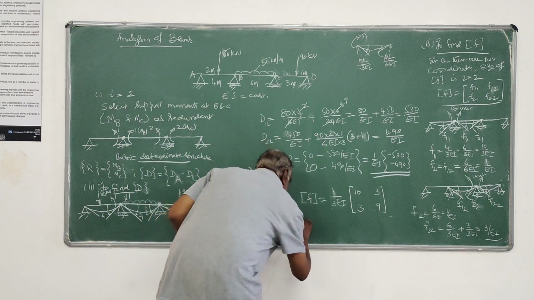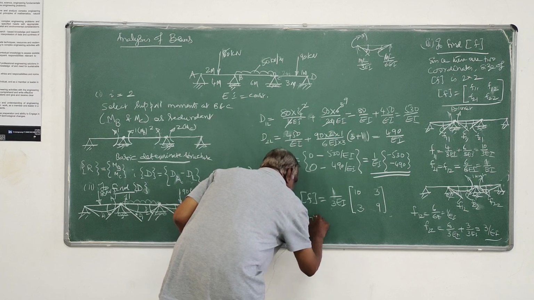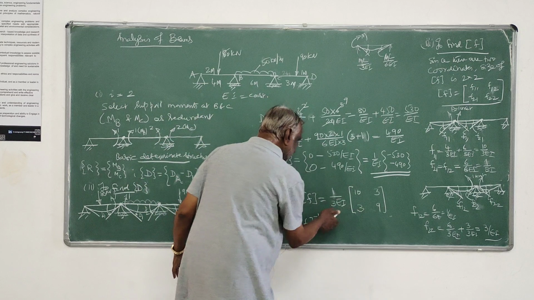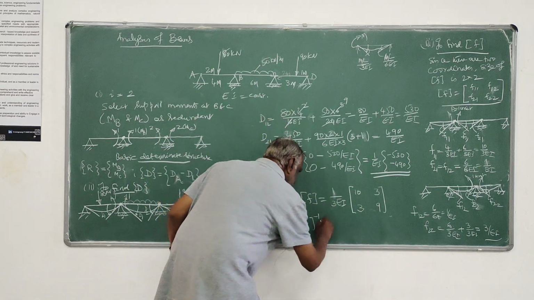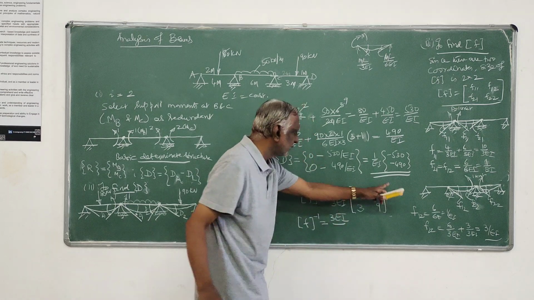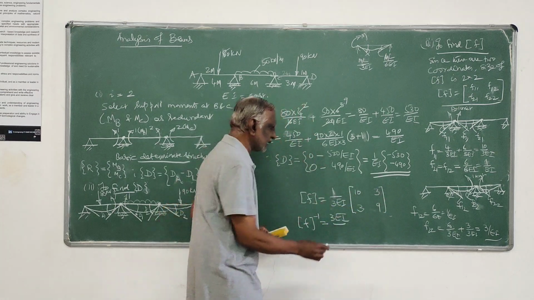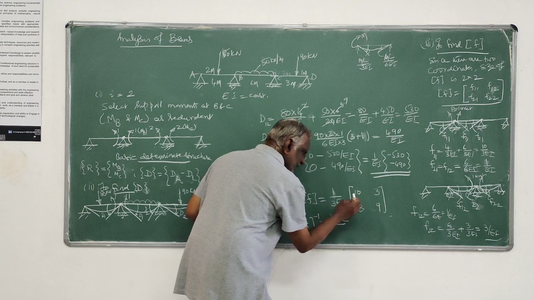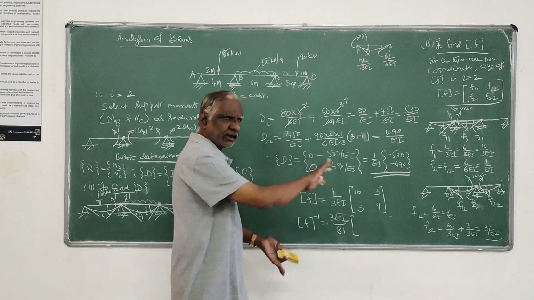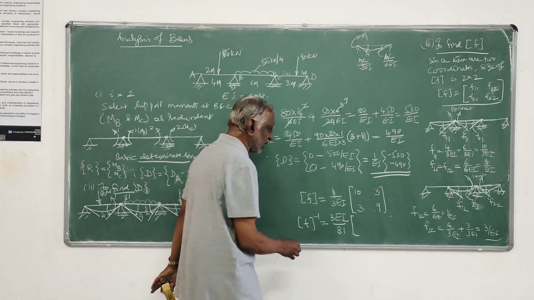So you can find F inverse also here itself. It's a 2 by 2 matrix, so it is easy to find the inversion. So this 1 over 3L becomes 3L divided by the determinant of this particular matrix, which is 90 minus 9, that is 81. Then the adjoint, the transpose of the cofactors.